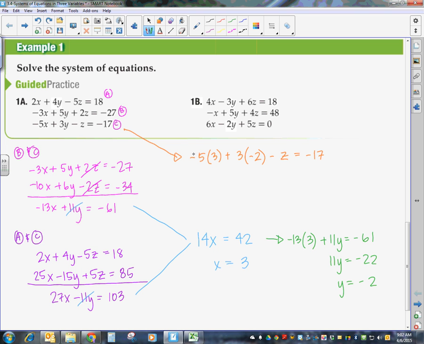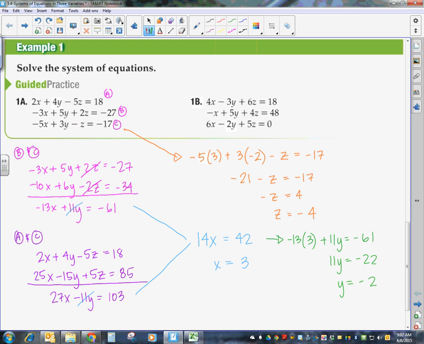So negative 15 minus 5 is negative 20, plus 6, so negative 21 minus z equals negative 17. So negative z equals 4, which means that z equals negative 4.